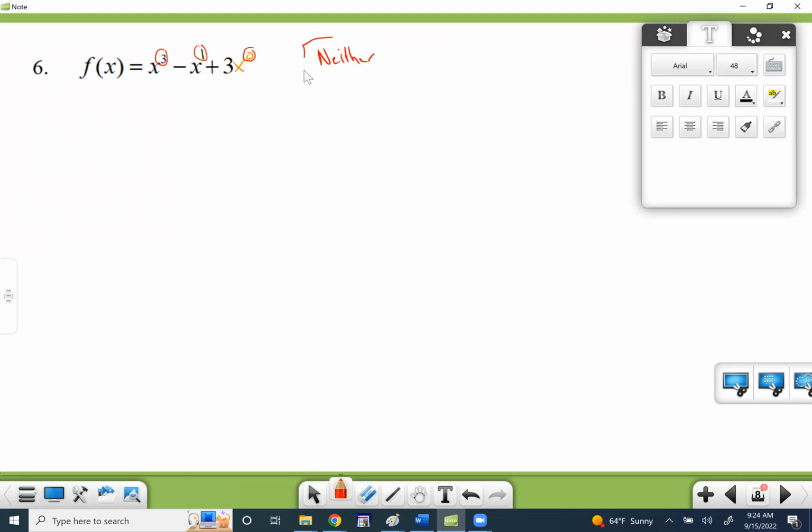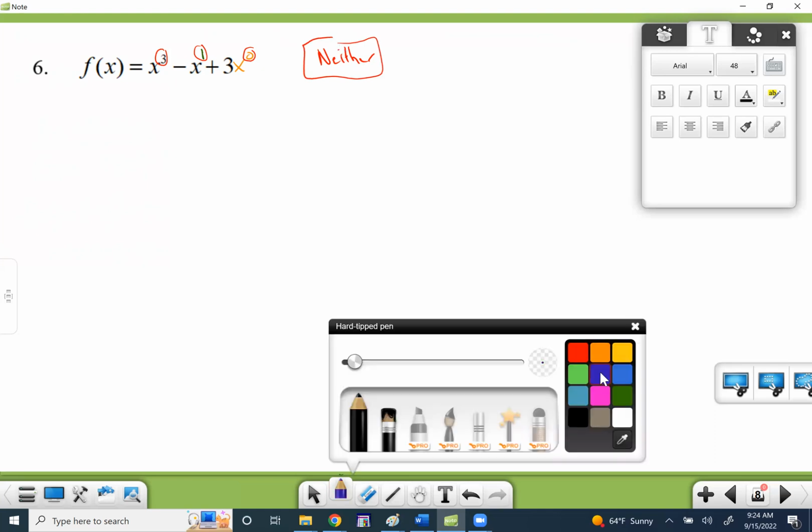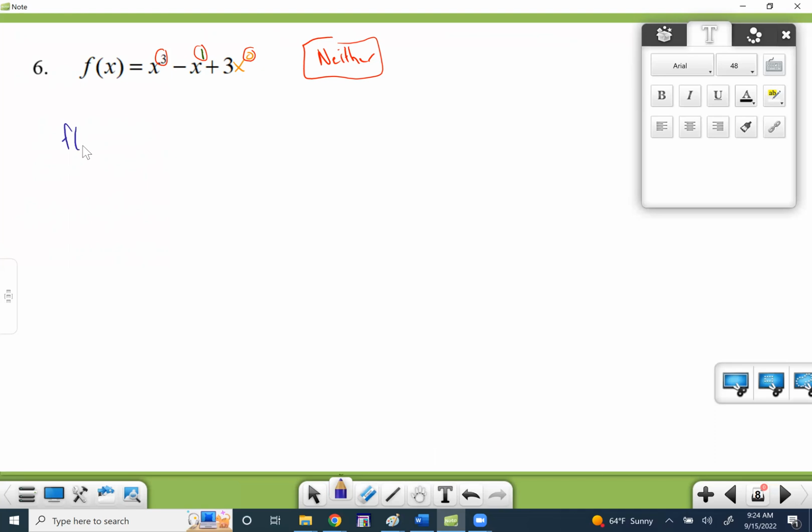Okay, that's the conclusion. When we do the test, when we substitute a negative x in for all x's, that means it shouldn't match the original, nor is it going to be the opposite of the original. Okay, let's see what happens.